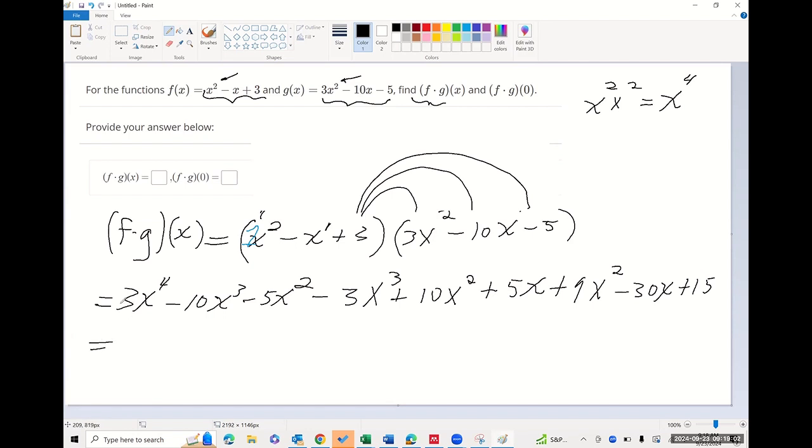There is only one 3x to the fourth power. By like terms, that means the variable part needs to be the same. So this is going to stay as 3x to the fourth. Then I've got, let's circle them in orange, this term and this term are like each other. So that's going to leave us with negative 10x cubed.